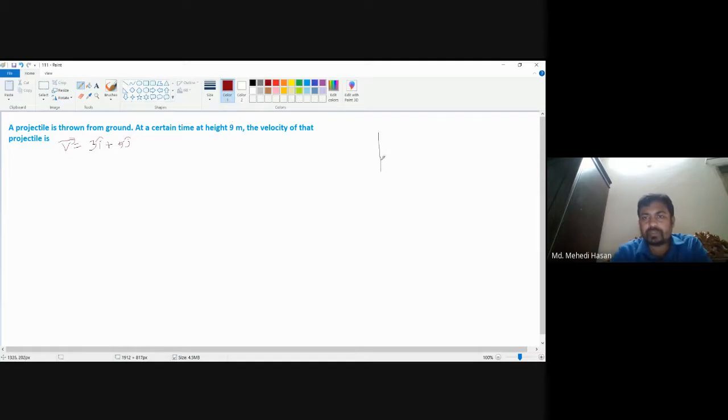If we imagine the scenario, this is the projectile motion, throwing the object from the ground. This is the point which is 9 meter height from the ground, and here the velocity is along that direction, v equal to 3i plus 5j: along one axis it is 3, and along the other direction it is 5.